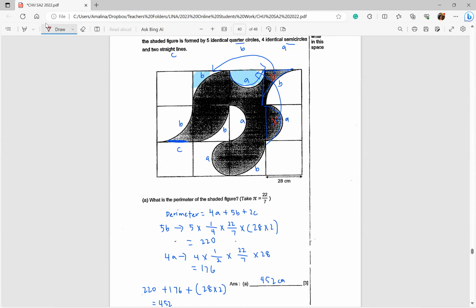Then this semicircle shifts over here. This part is also shaded, so I put a cross. Then this boomerang, I shift over here. Then this part is also shaded.